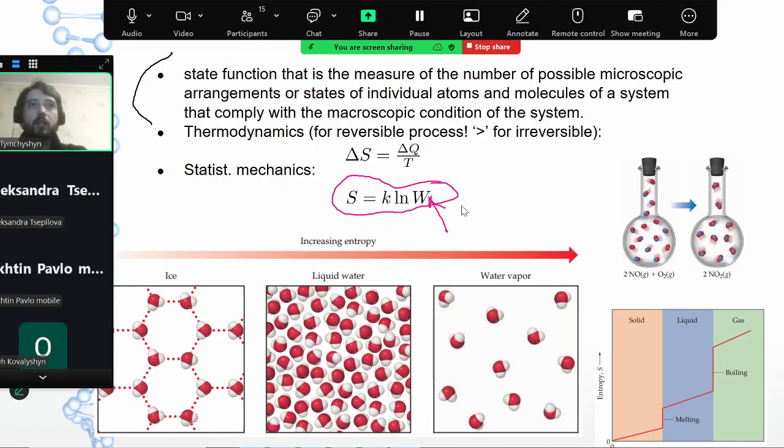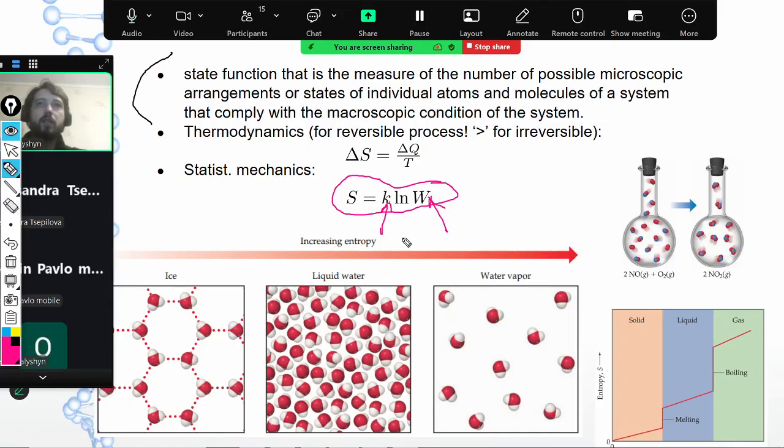In some cases it's quite tricky, and you can basically make a good physical article out of calculating the number of states for certain systems. Here is the Boltzmann constant, k, sometimes written k_B, so you will probably see this with the subscript.